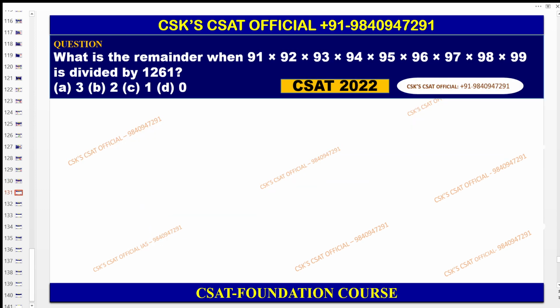Very good question. In the foundation class, I took 4 classes with respect to the remainder. Every year you will get the remainder. So in 2023 we have seen 5 questions with respect to the remainder.